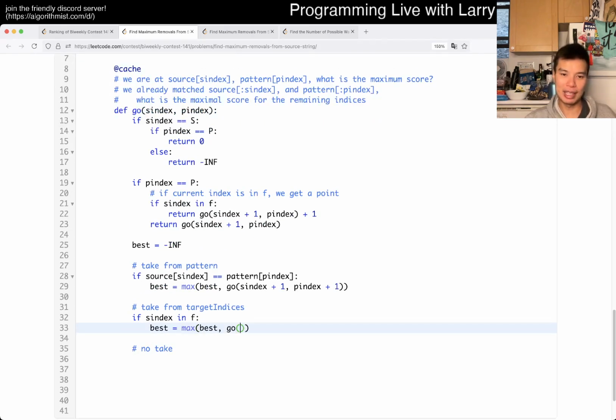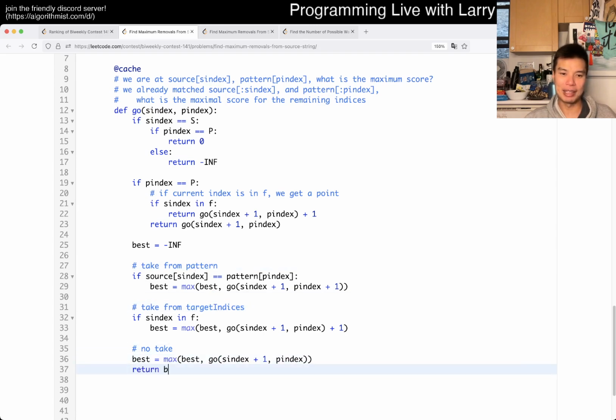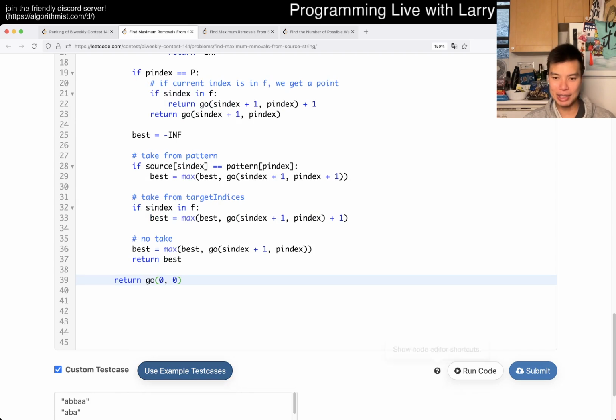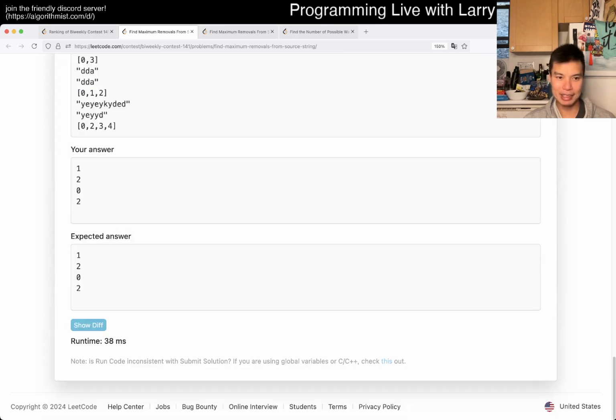So we go S index plus 1, we don't move P index, and we add a plus 1 here. And then the other is just no tick, which is very basic. We go S index plus 1, P index, and that's it. So we don't take it from pattern or target indexes, and we're very happy at this point. And then we can kick it off at 0, 0, and that's pretty much it. That's the DP, unless I'm wrong.